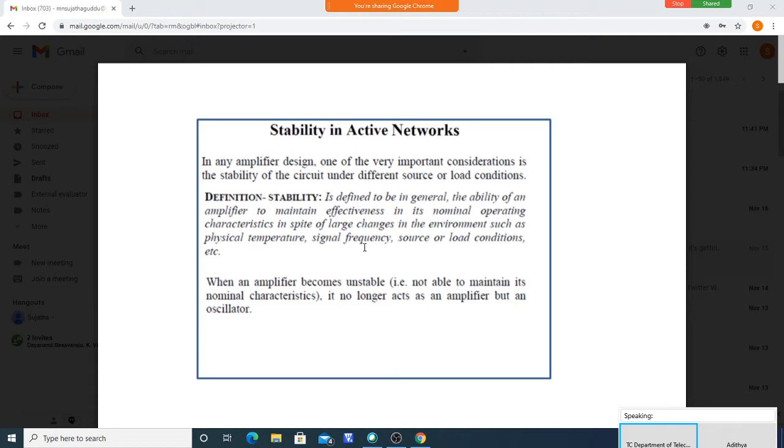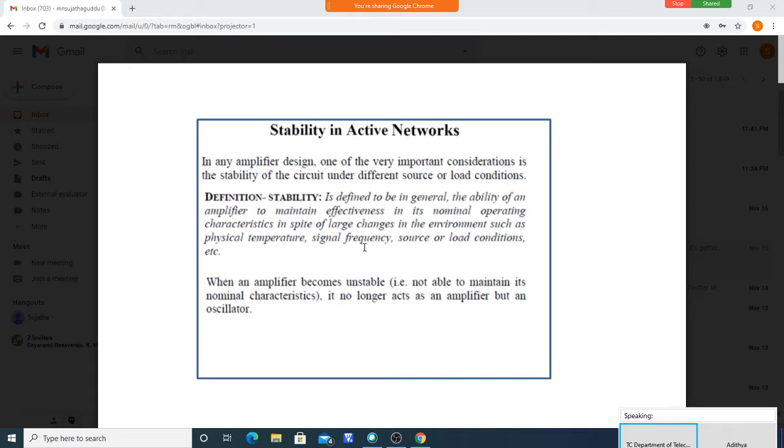The gain may keep increasing and become saturated, or keep decreasing. So before setting the values of ZS and ZL, actually we are not speaking about the temperature and signal frequency variation, assuming temperature and frequency are fixed.